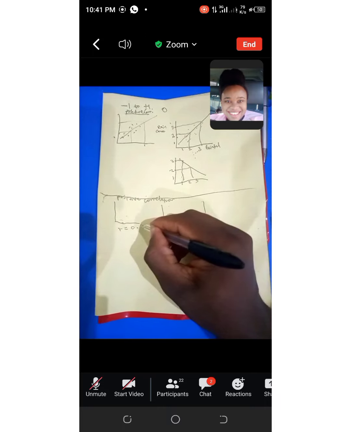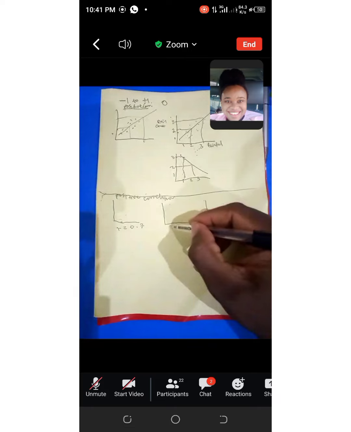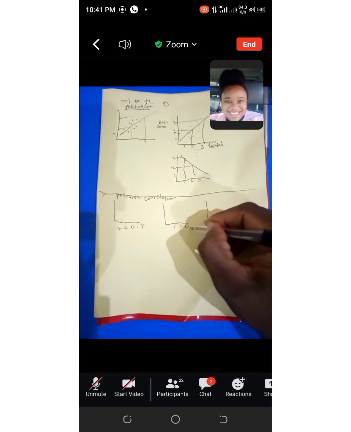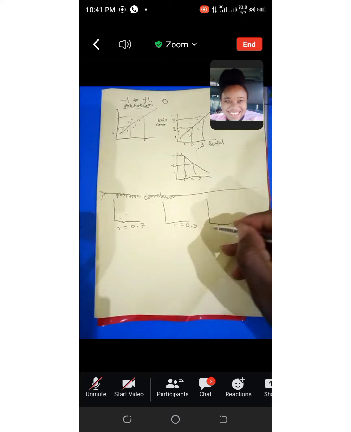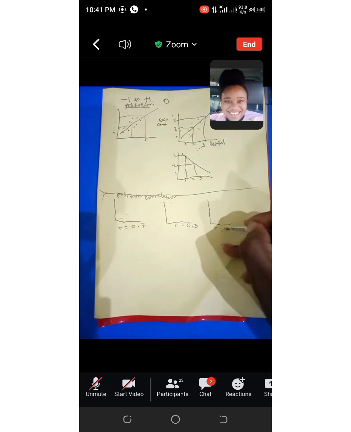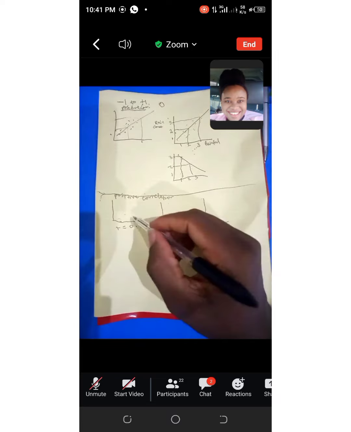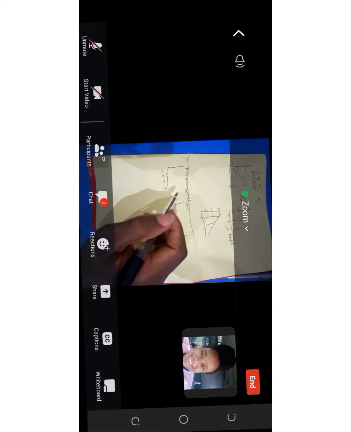Let's say here R is equal to 0.3. Let's say here R is equal to 0. So this R represents the correlation coefficient.